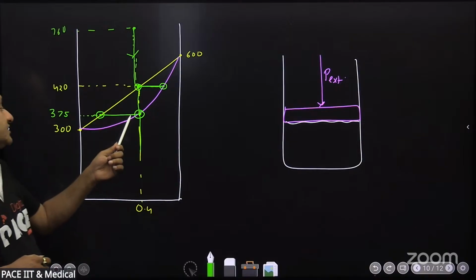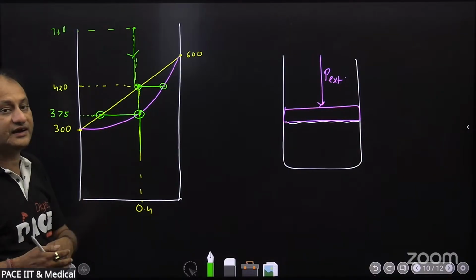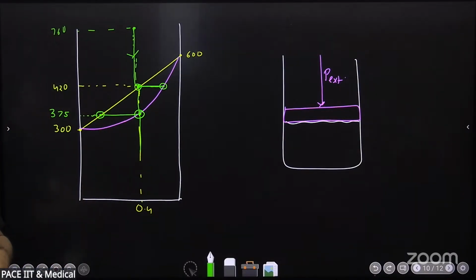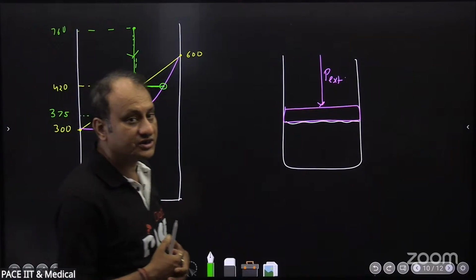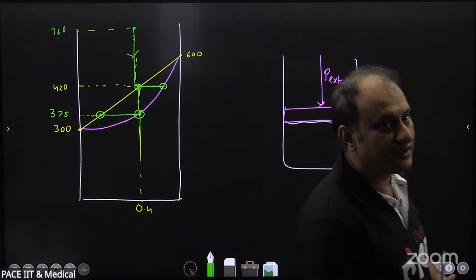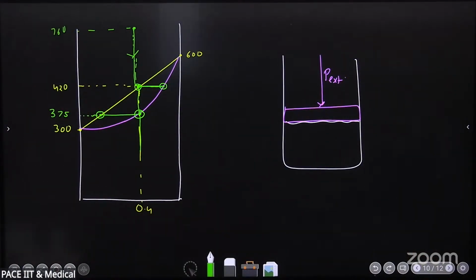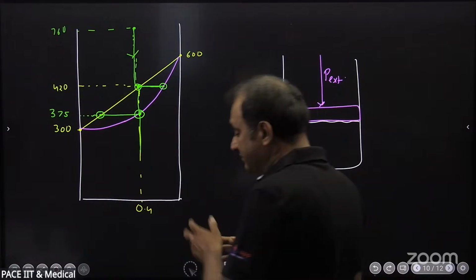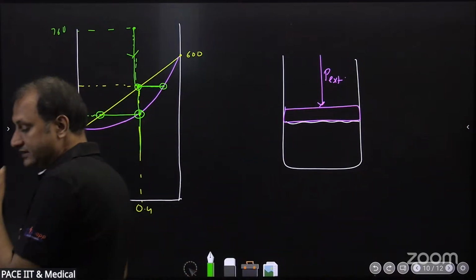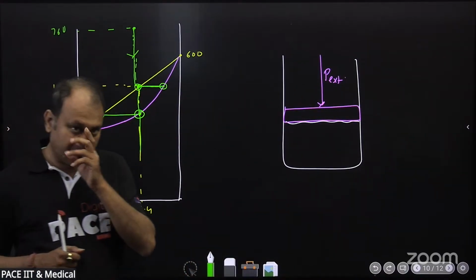If I keep external pressure below 375, then the entire thing will exist as pure vapor. If I keep external pressure at 420, then almost the entire mixture will exist as liquid and one bubble of vapor we will see.